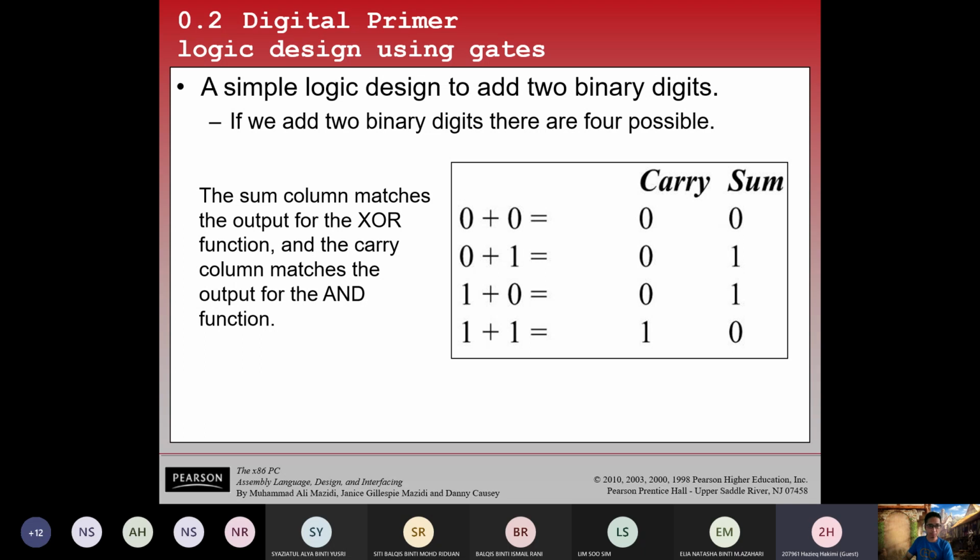As I mentioned, if you want to get the carry and sum over here, the sum column matches the output of the XOR function.